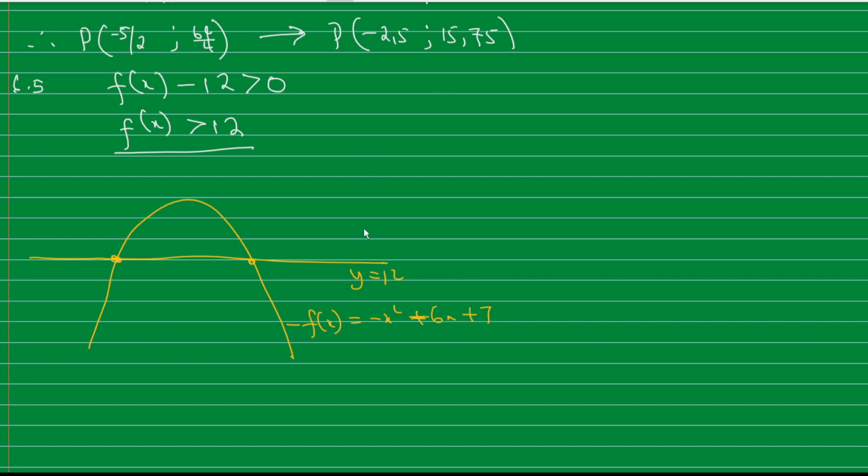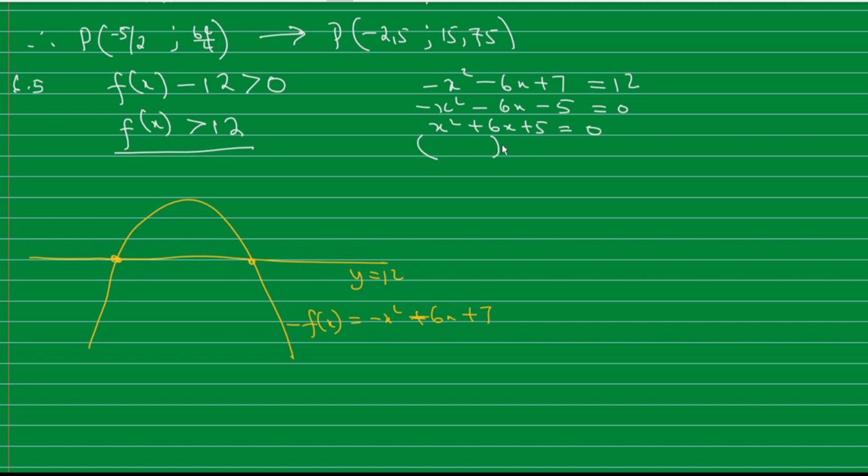So I'll take f of x, which is this one, negative x squared minus 6x plus 7, and equate it to 12. Put that one over, we've got negative x squared minus 6x, that will give me a negative 5, will be equal to 0. Change the signs. I will have x squared plus 6x plus 5 will be equal to 0.